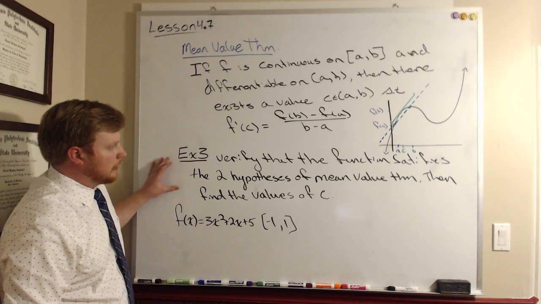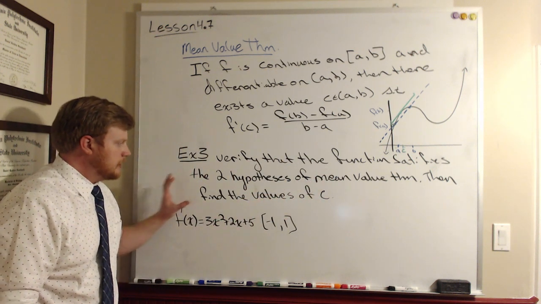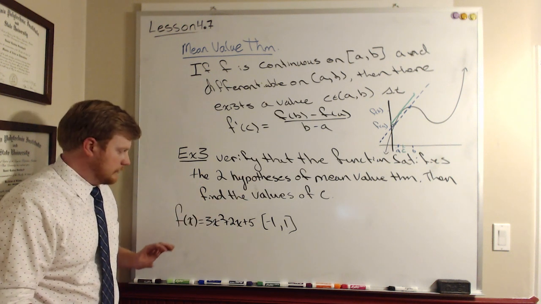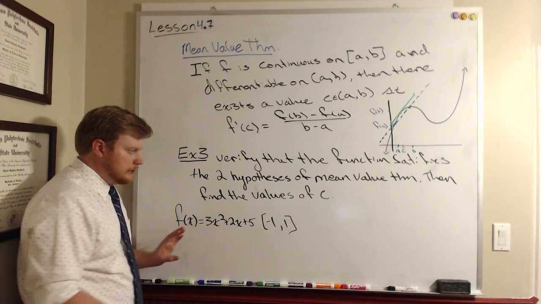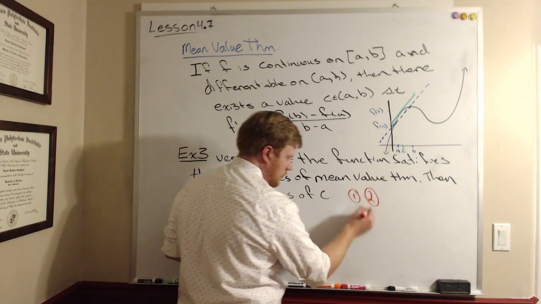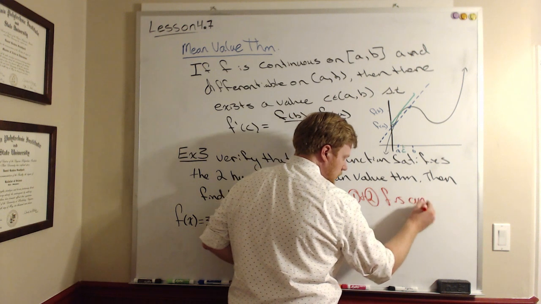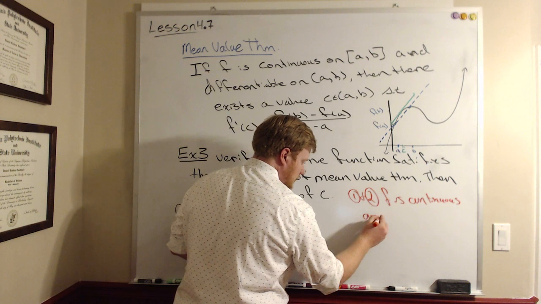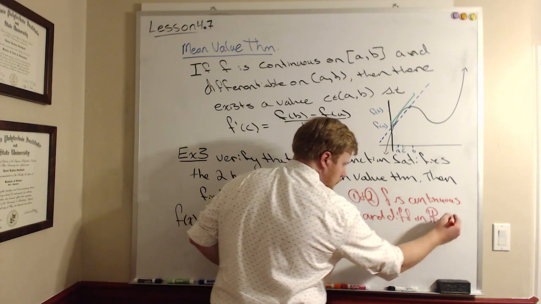But let's look at a very simple example of verifying that the function meets the two hypotheses of the mean value theorem, and then finding those values of c. So here's my function. Again, it's a polynomial, so it's really easy to say that both 1 and 2, f is continuous and differentiable on all real numbers.